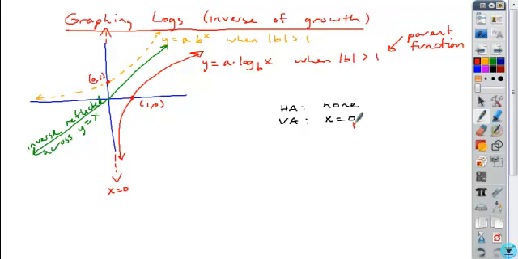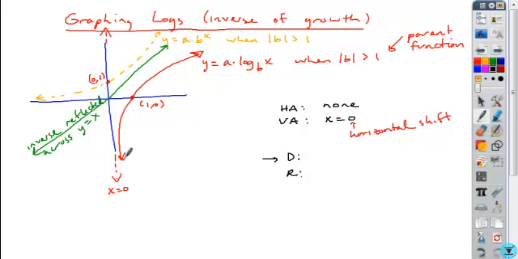And really, it's going to be affected by the horizontal shift of your graph. This number will change based on the horizontal shifting of your graph. So the vertical asymptote is just going to be the equation x equals whatever the horizontal shift is. Okay, when we look at the domain and range of this graph, the domain goes from left to right.